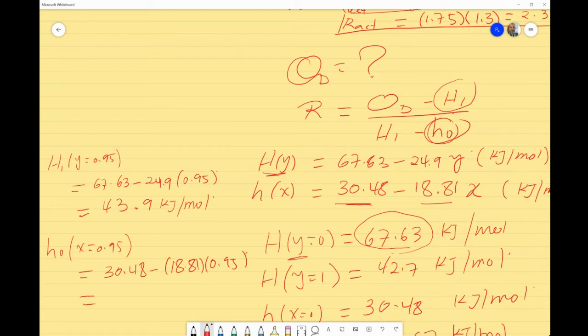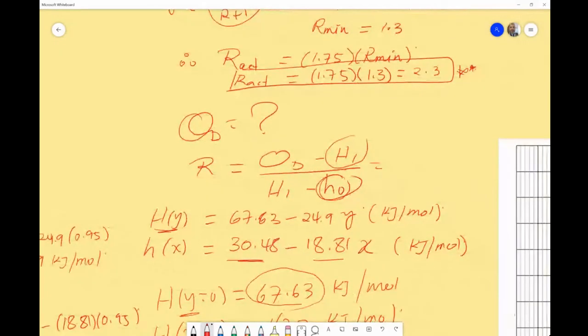What would be the value here? 12.6 kilojoule per mole. So now according to this equation, and I know R from previously, it is equal to 2.3.